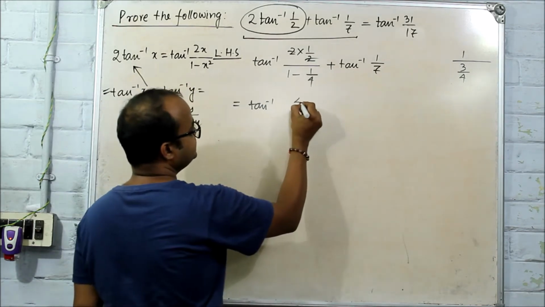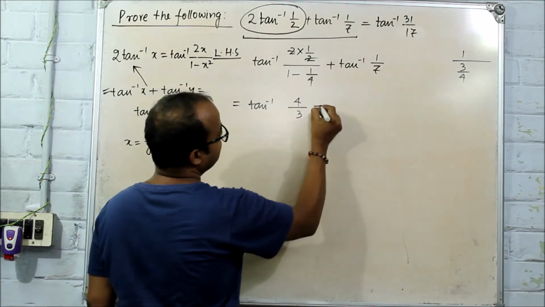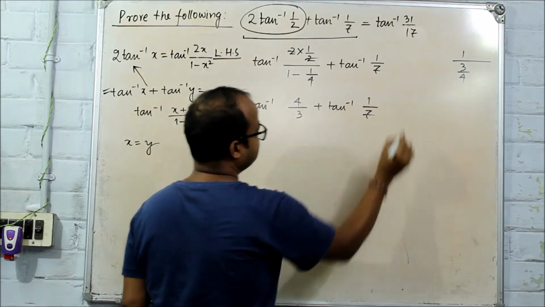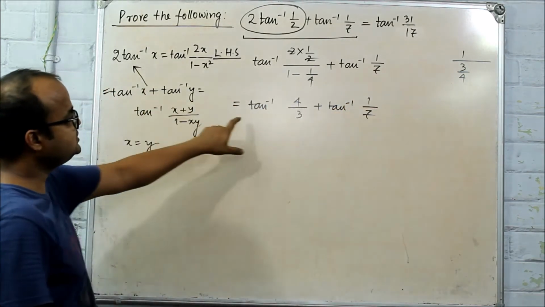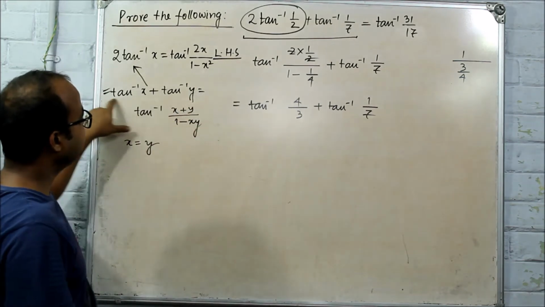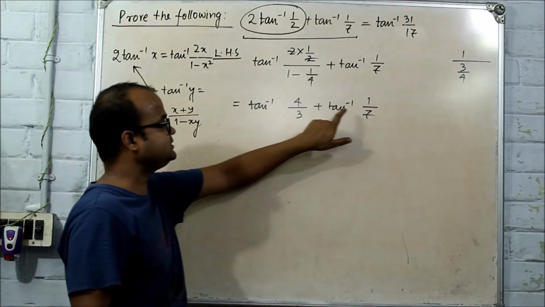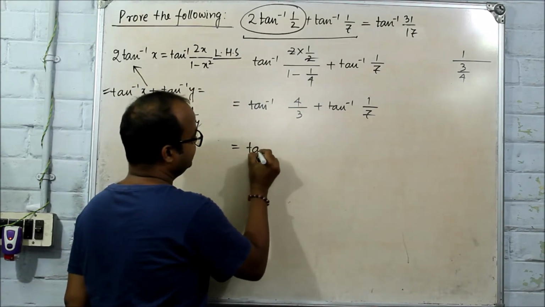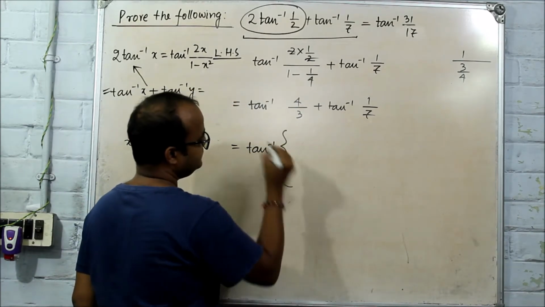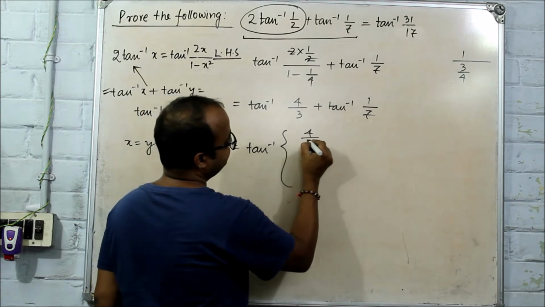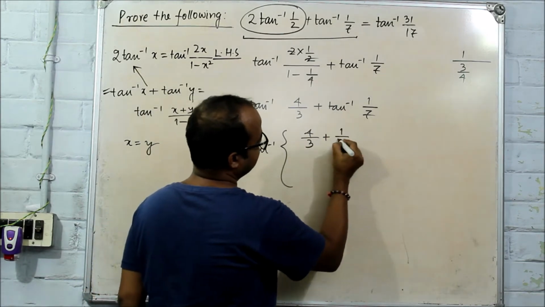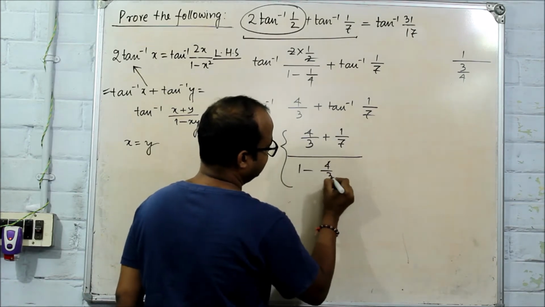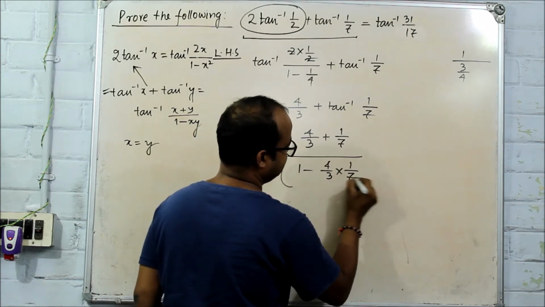So tan inverse 4 by 3 plus tan inverse of 1 by 7. Now next we are going to use the formula tan inverse x plus tan inverse y. So this is equal to tan inverse of x plus y, 4 by 3 plus 1 by 7, by 1 minus 4 by 3 into 1 by 7.